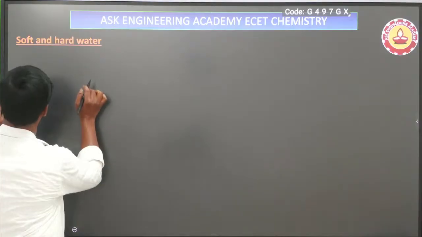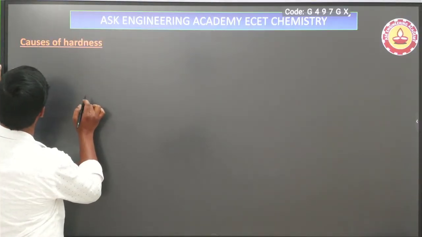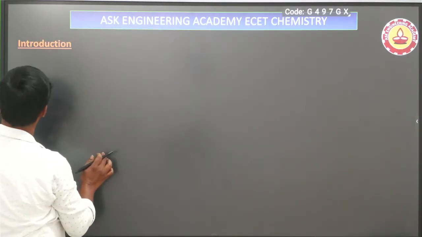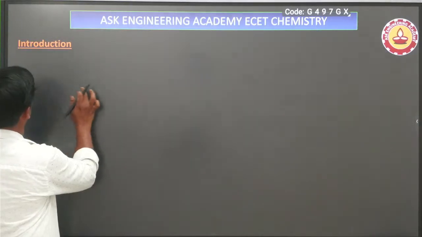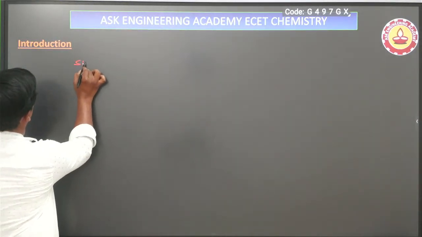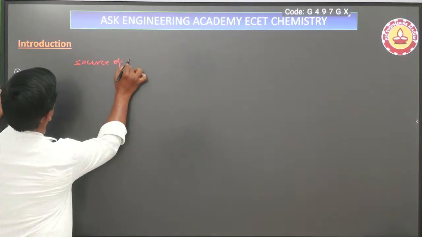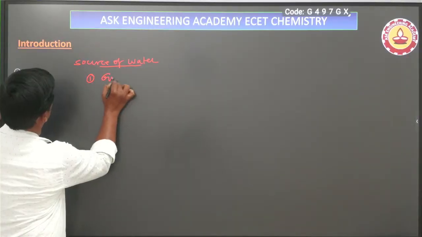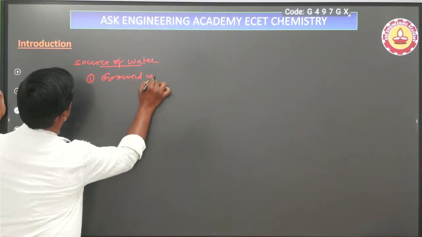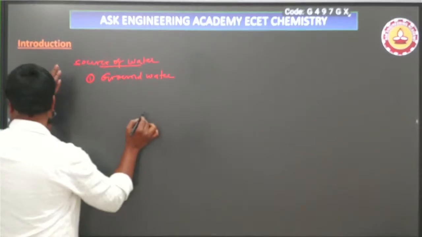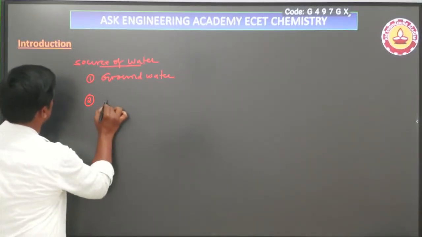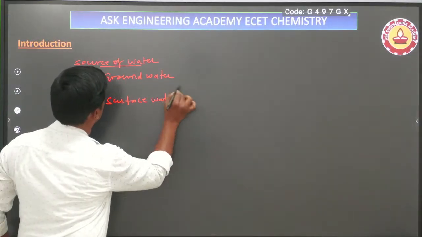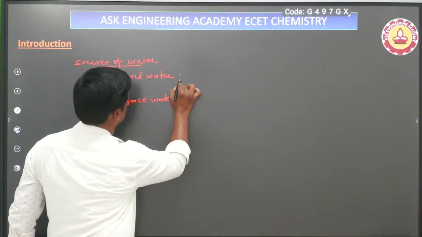Introduction. What are the sources of water? Source of water, we have two types. One is groundwater, second is surface water. What is groundwater?